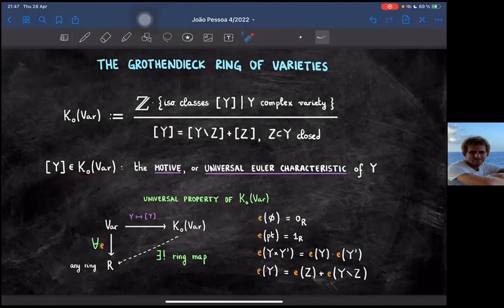And the thing is that whenever you have an invariant of algebraic varieties which behaves like the Euler characteristic, namely it's 0 on the empty set, it's 1 on the point, it's multiplicative, and it respects the scissor relations, then this invariant, which I denoted by E, factors uniquely through a ring map from the K0 bar ring.